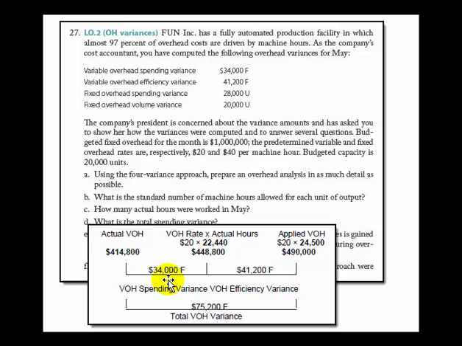Then we had 34,000 of favorable variances, so again, 448,800 minus 34,000, and we're able to come up with what variable overhead was. Okay? And then add those together, we come up with a total favorable overhead variance of 75,200, and you see we've tackled part A.